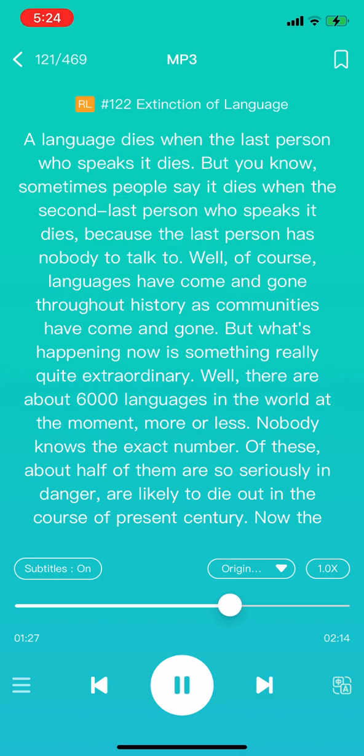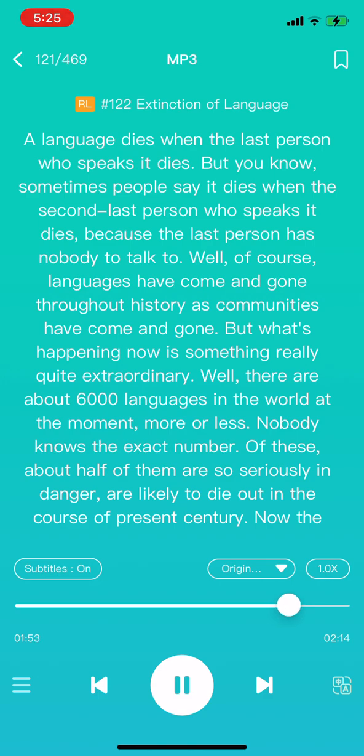A great deal can be done to preserve an endangered language. The first thing is that the people themselves must want the language to be preserved. That's very important. The second thing is that the powers that be must want the language to be preserved. They must have a respect for the minority languages that are in their care. And the third thing that has to be there, of course, is cash.